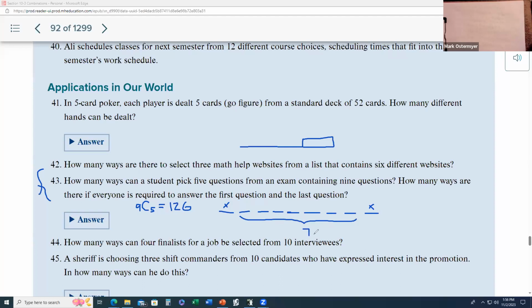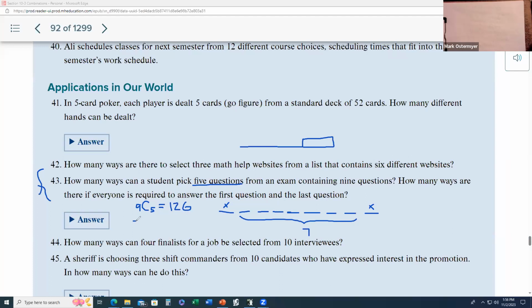7 questions left, of which we have to choose how many. Remember, we had to choose 5 questions total, correct? Well, we already answered 2 of the questions. So we already burned 2 of our 5 questions. We only got 3 questions left to answer of the 7 remaining.